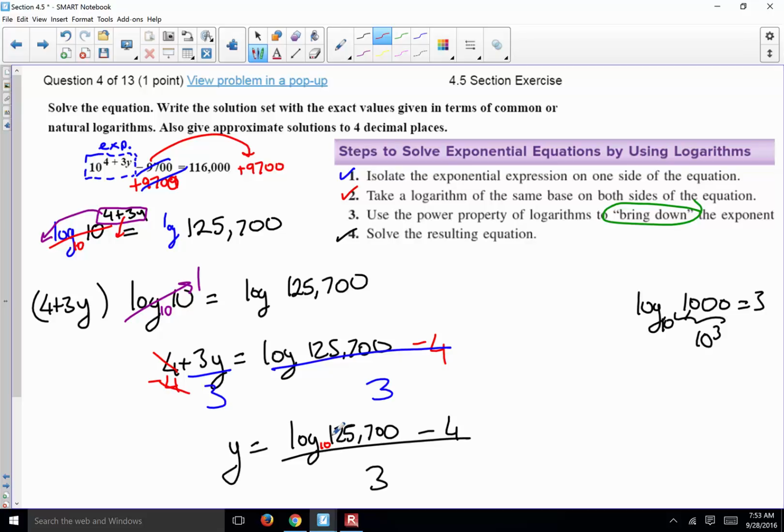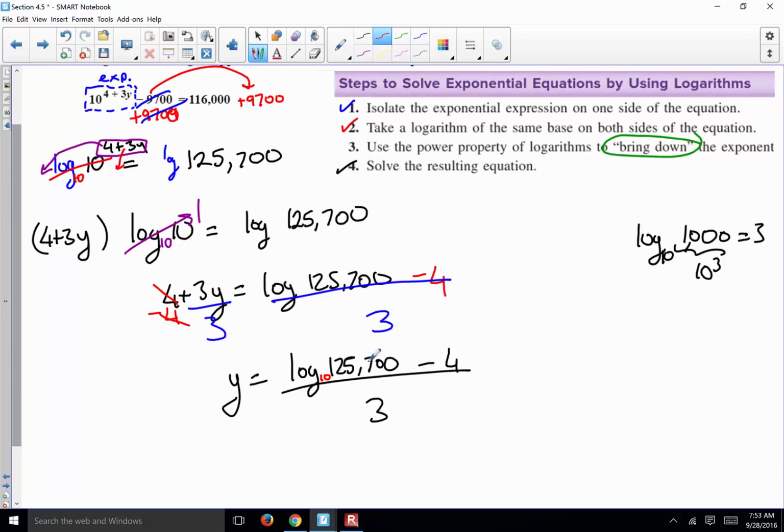1000 can be possible, 10,000 can be possible, 100,000 can be possible, 125,700, I can't. I don't see a power of a number here off the top of my head. Okay, so this is our exact answer. I can't simplify it more.